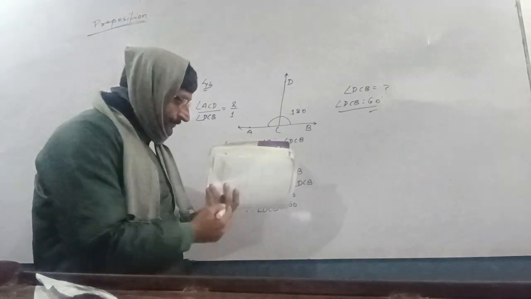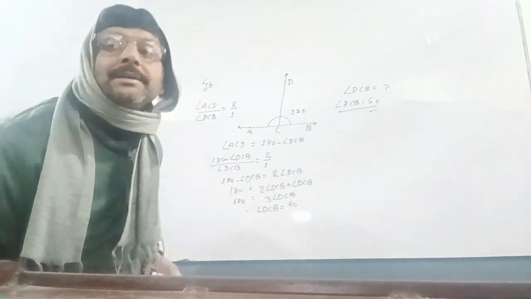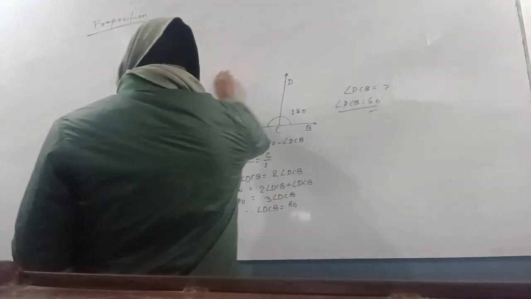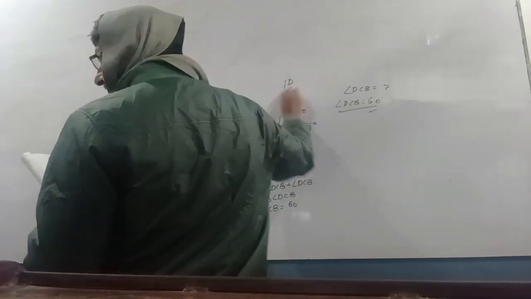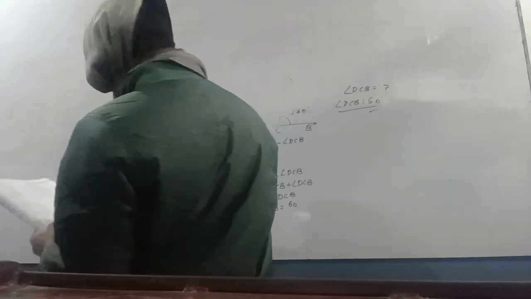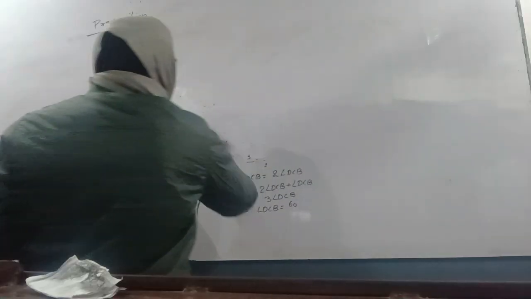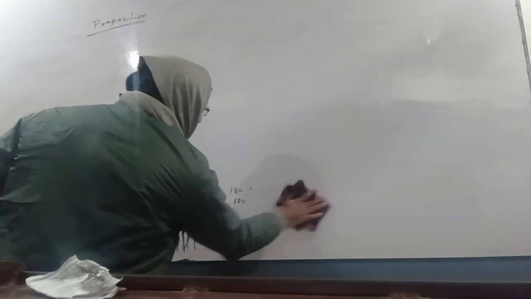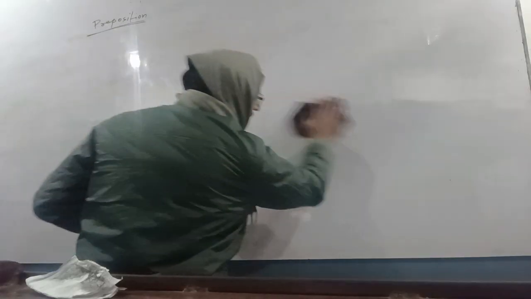Next question number 47. Is it clear? Very good. Question number 47 says that in an isosceles right angle triangle, two sides are equal.